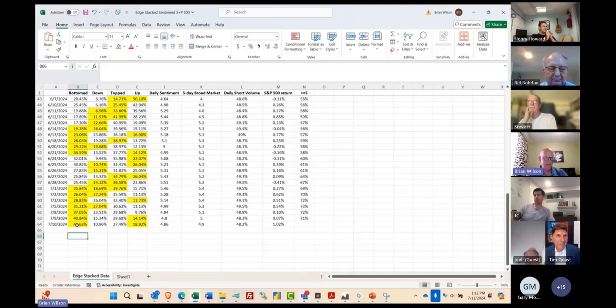These are the percentage of stocks that are bottoming right now. These are companies that are moving down, moving up, etc. And what stands out to me right now is you have an awful lot of companies that are currently bottoming, right around 4.8, 4.9. This is our daily read. This is what you see on Market Structure Edge.